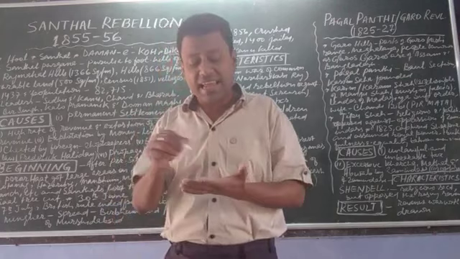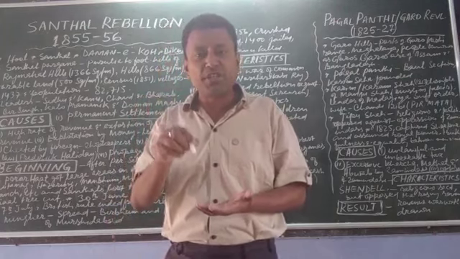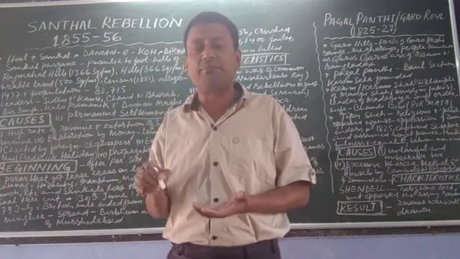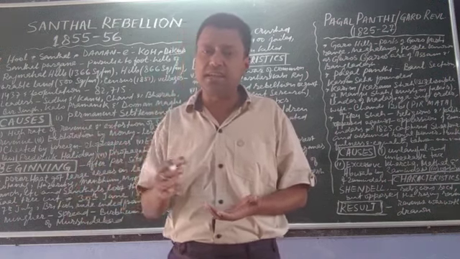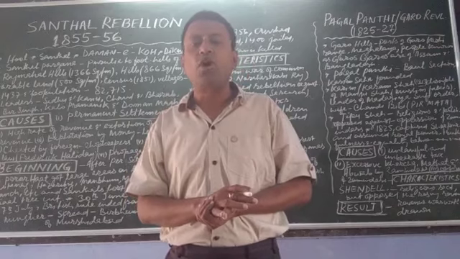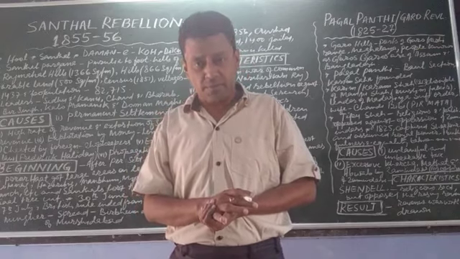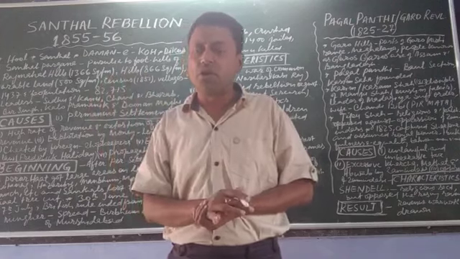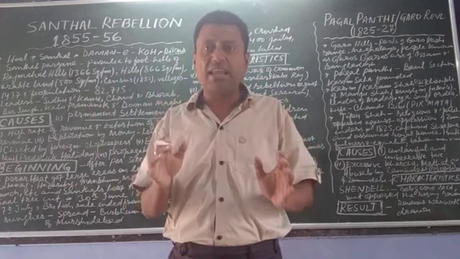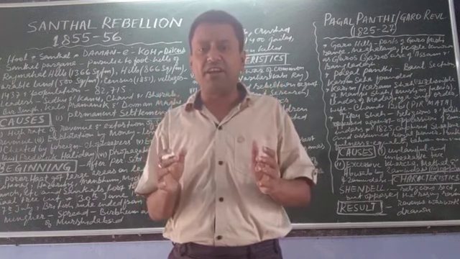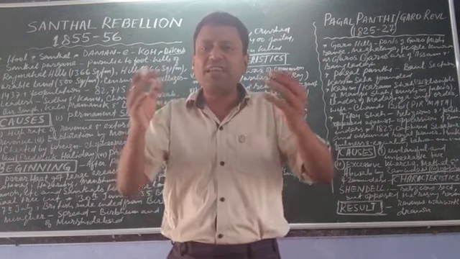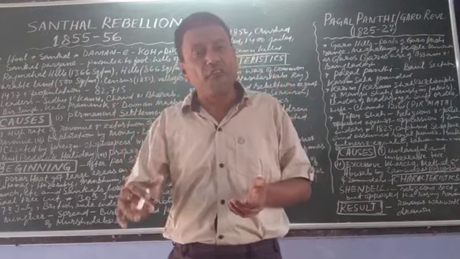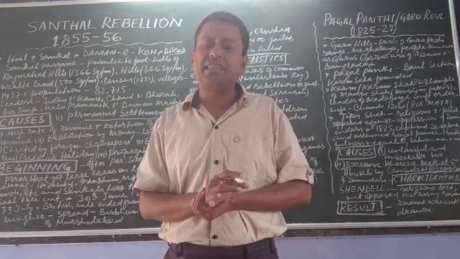What he said was that British laws were there, civil and criminal law existed at that time, and if the Santhalis wanted, they could go and knock at the door of the court when they were oppressed by the zamindars and the coups. But Frederick Halliday said that it was very complicated, time consuming, and very expensive for the illiterate Santhali people.